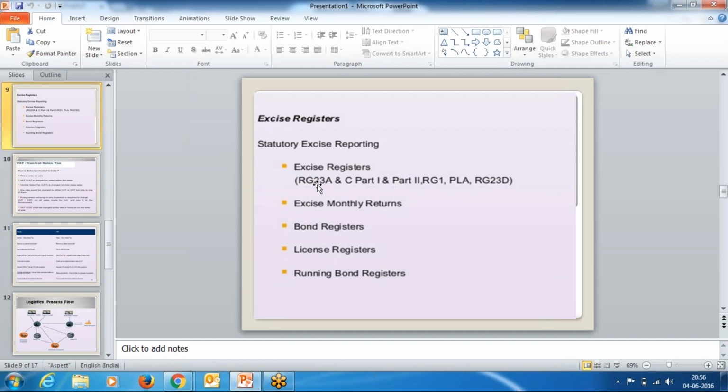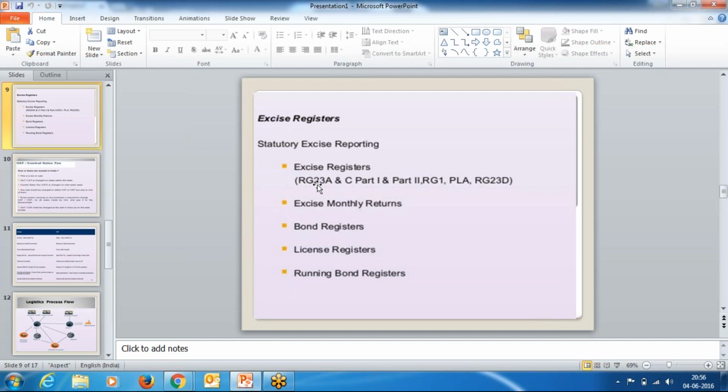Suppose you have one plant and multiple depots across India. Whenever you are moving goods out of your plant, you'll have to pay your excise, either you are selling or transferring. Suppose you have one plant here and you want to transfer material from your plant to a depot. In that case, along with the material cost, you'll have to transfer your excise to the depot also.